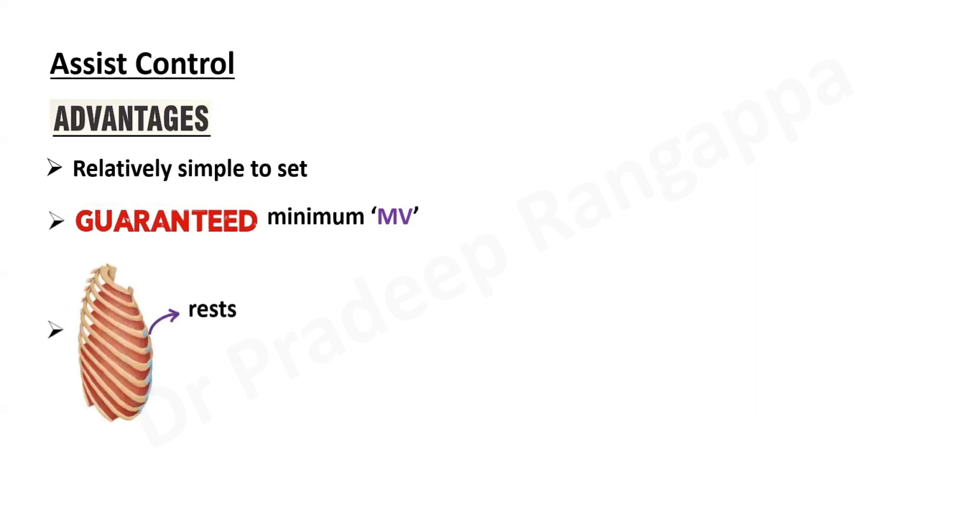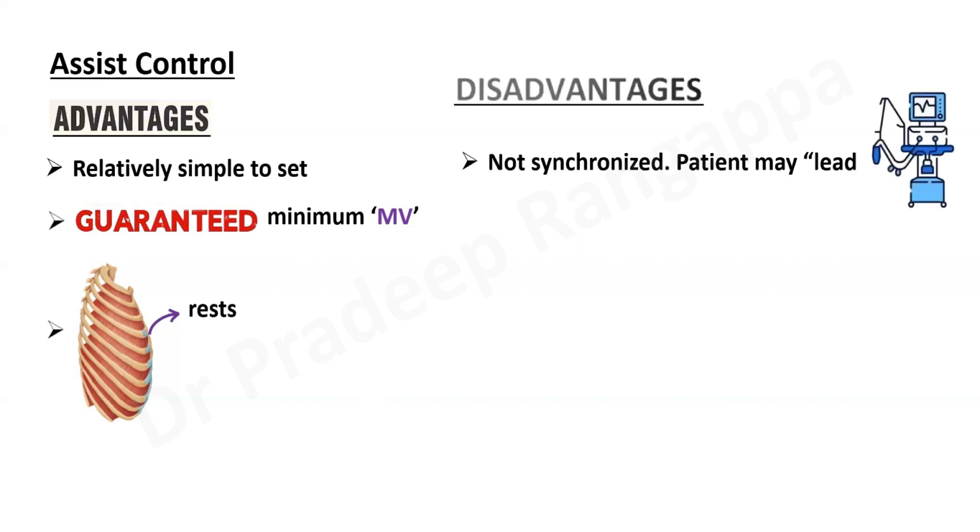You could call it an advantage that it rests the muscles, but it could be considered a disadvantage because there's no conditioning of your respiratory muscle apparatus. This can lead to muscular atrophy very soon. So if you want to look at the advantage, it rests the muscles because it doesn't make the muscles work.